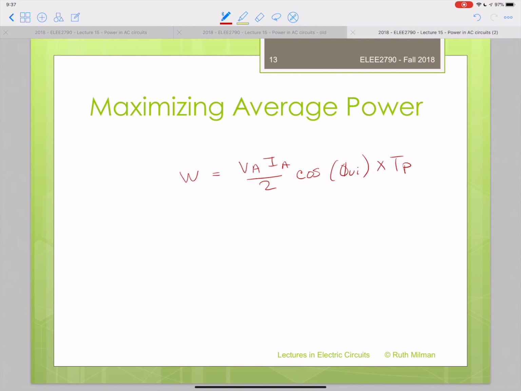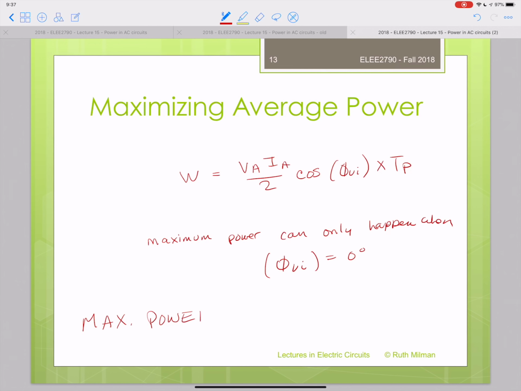If we want to maximize this, notice that our maximum power can only happen when that cosine is equal to 1. In other words, when this is equal to 0 degrees. In other words, maximum power happens when our voltage and our current are in phase.